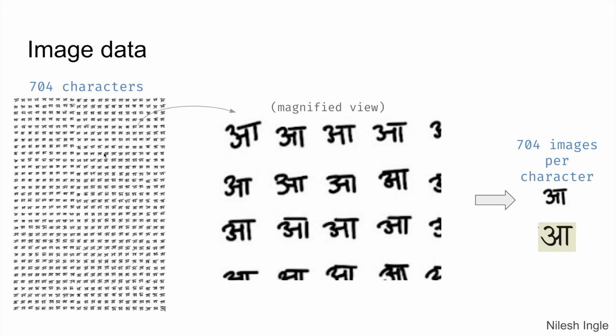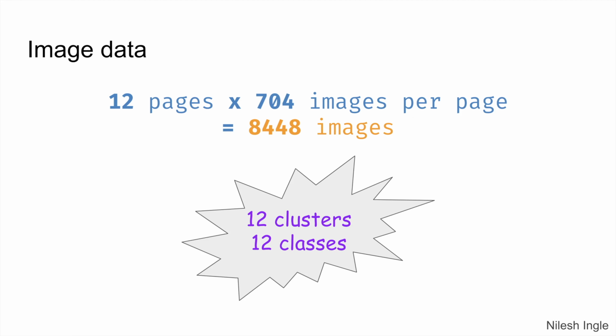From each of these pages, we get 704 individual images, and there are a total of 12 pages, one for each character or each alphabet, and multiplied by 704, we have a total data set of 8448 images. So it can be used as a clustering problem or a classification problem. We can aim to find 12 clusters or 12 classes.